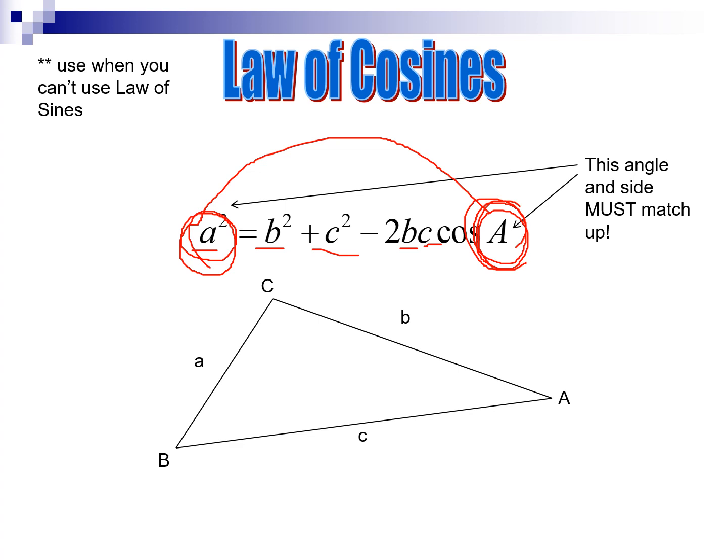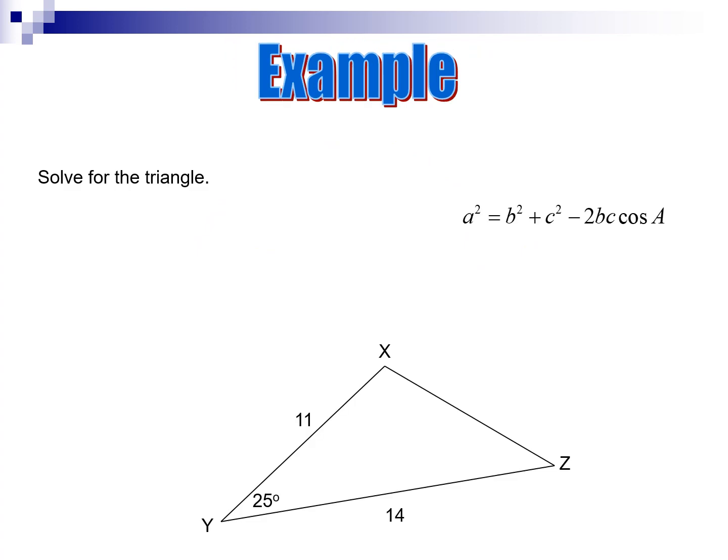And so that's the only thing you need to worry about in this formula: whatever angle is here, the side must be on the opposite side of the formula. Okay, that's important.